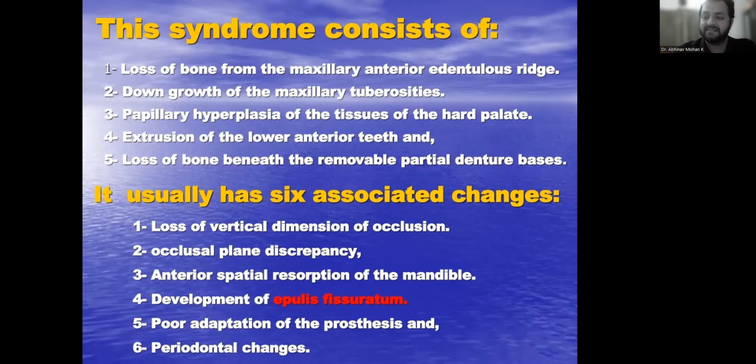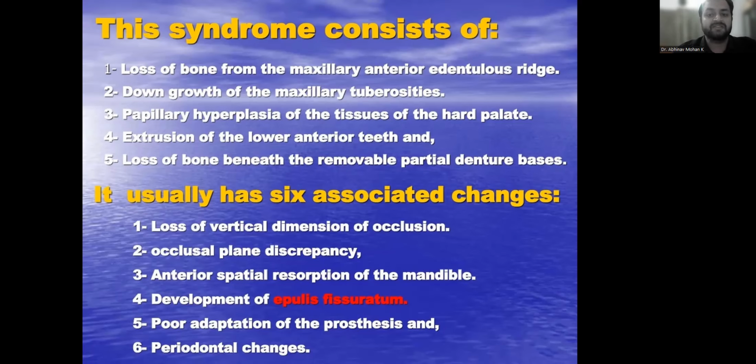Because of this excessive force on the premaxillary region, there can be a good amount of residual ridge resorption, which normally takes place but is accelerated because of the stress from the lower anteriors touching the maxillary anterior ridge.